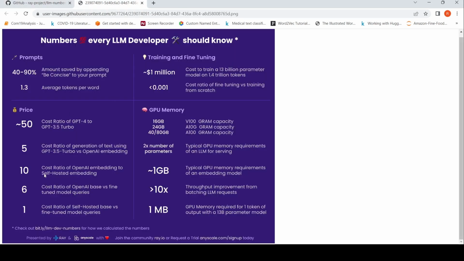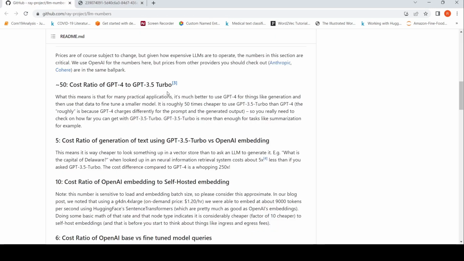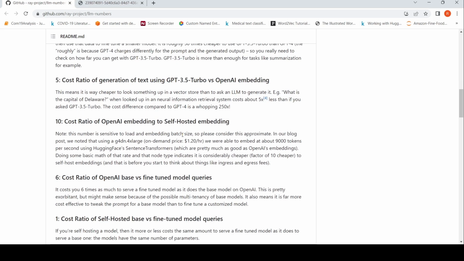Then 10 is the cost ratio of OpenAI embedding to self-hosted embedding. So OpenAI embedding would be 10 times more expensive than your own embedding. This number is sensitive to load and embedding batch size.